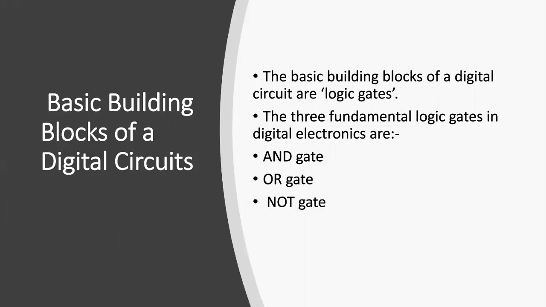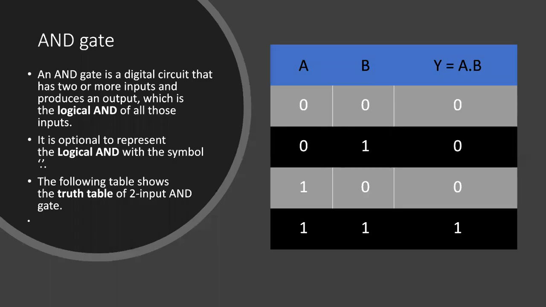There are three types of fundamental logic gates. So what are those? AND gate, OR gate, NOT gate. Let us see what is AND gate, OR gate, and NOT gate. So here, AND gate. The AND gate is a digital circuit that has two or more inputs and produces only one output.